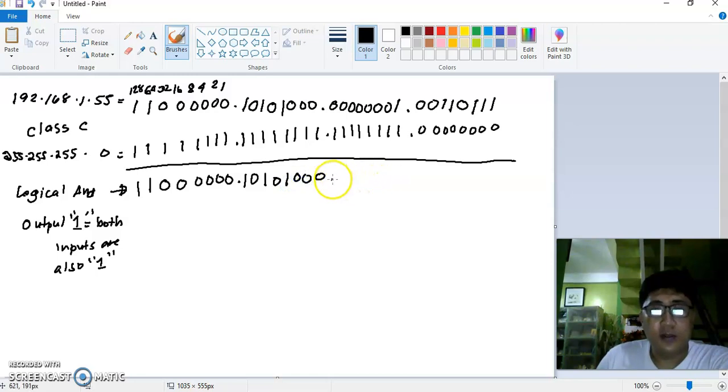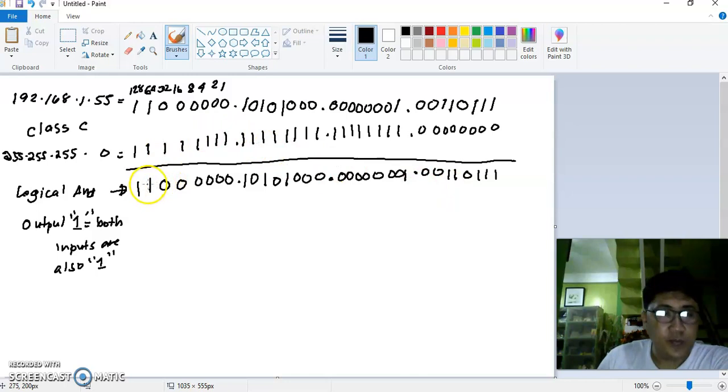So that is still 0, 1, 2, 3, 4, 5, 6, 7, 8. Dot 0, 0, 1, 1, 0, 1, 1, 1.